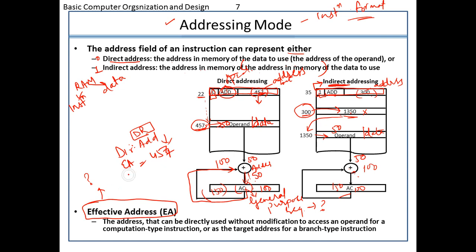In case of indirect addressing, the effective address will be the address of the address of memory. So what is the address of memory? It is 300. So the address of 300.